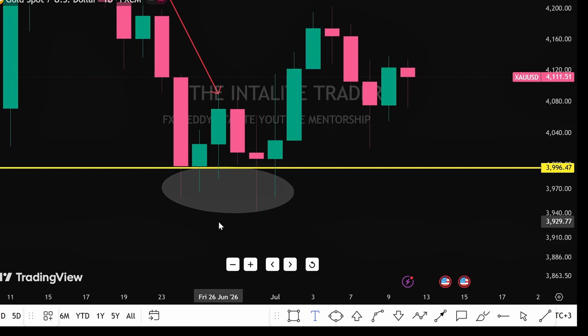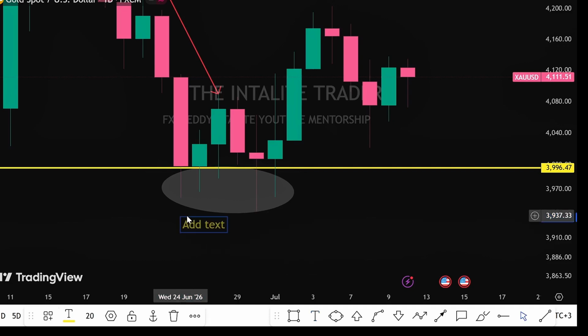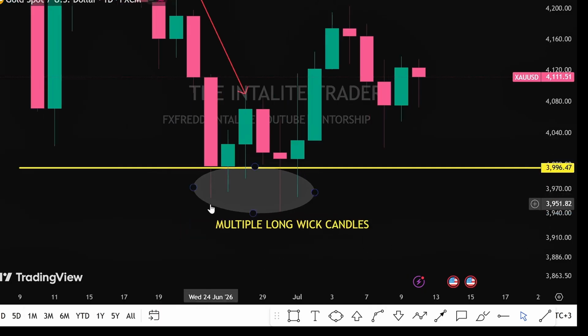So these ones, we call them multiple long wick candles. Why? Because you have very long candle wicks sticking out.